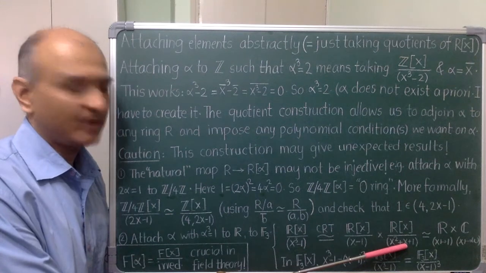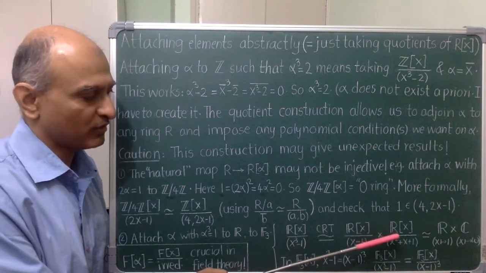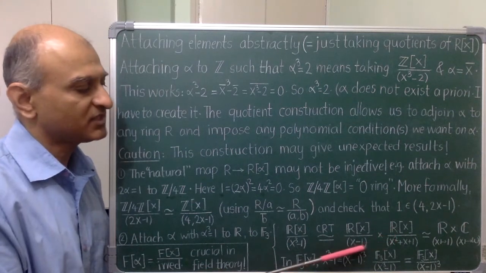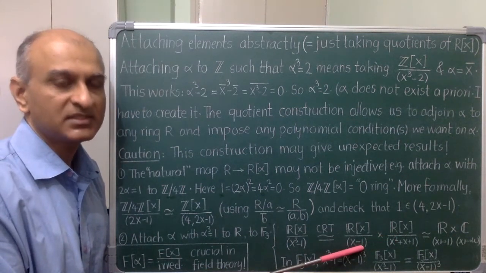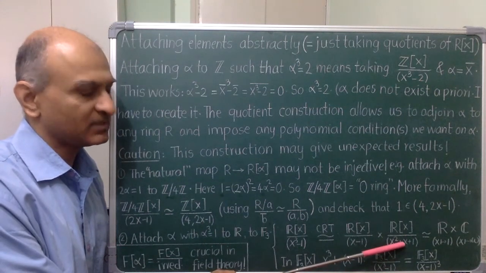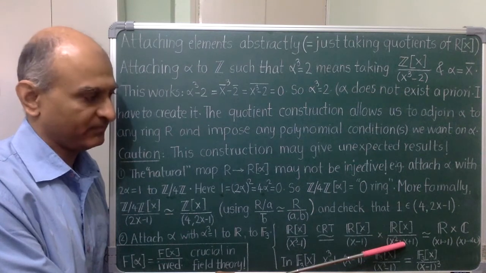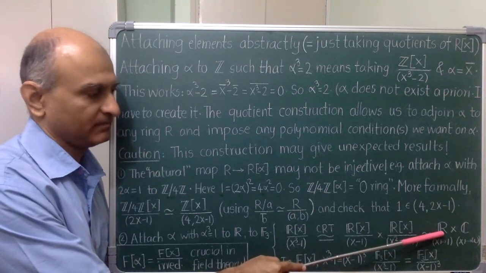They are relatively prime. So, by the Chinese remainder theorem, I get this isomorphism. Now the first term is isomorphic to real numbers by sending x to 1, and the second one to complex numbers by sending x to a non-real cube root of 1. So I get R cross C.